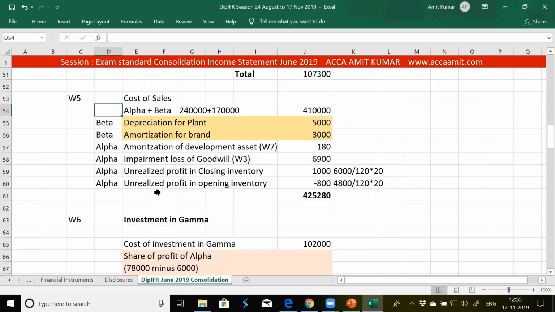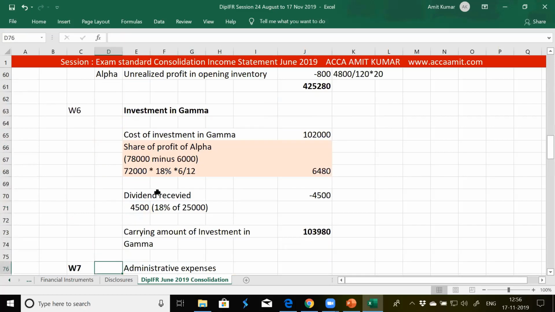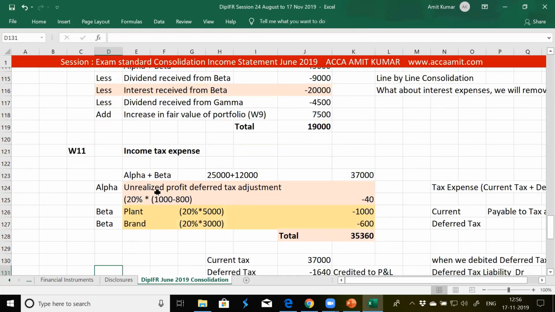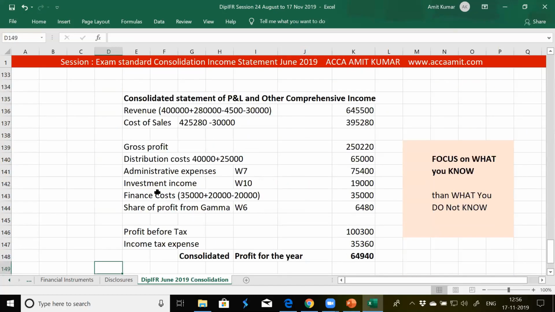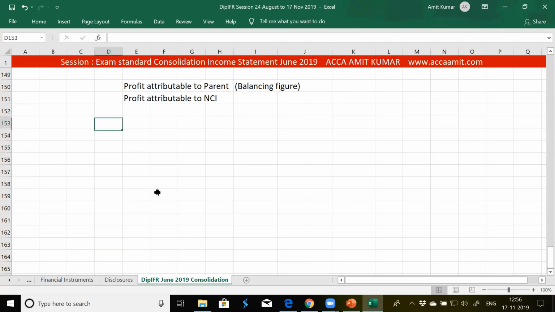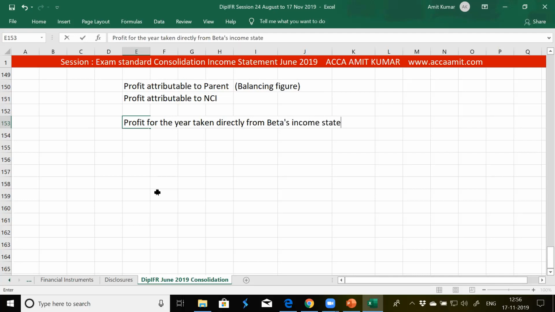That means these two adjustments of depreciation for plant and brand, and these two adjustments of income tax expense, have not touched this profit for the year taken directly from beta's income statement.